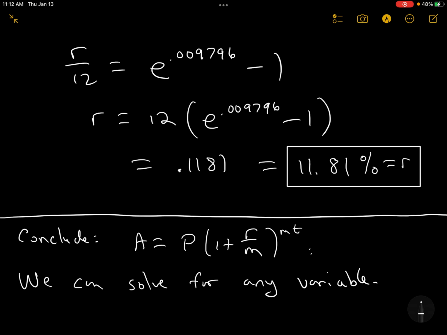And the big thing with these kinds of courses is how do you transform the language of a problem, because it's all language, into the mathematics. And for these investments, it always has something to do with this formula and how you set it up and what you solve for. So.